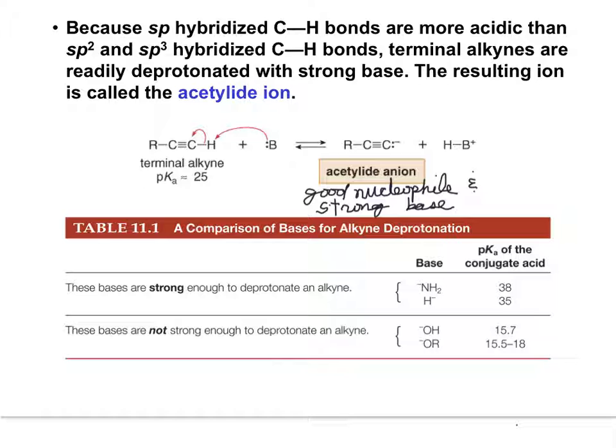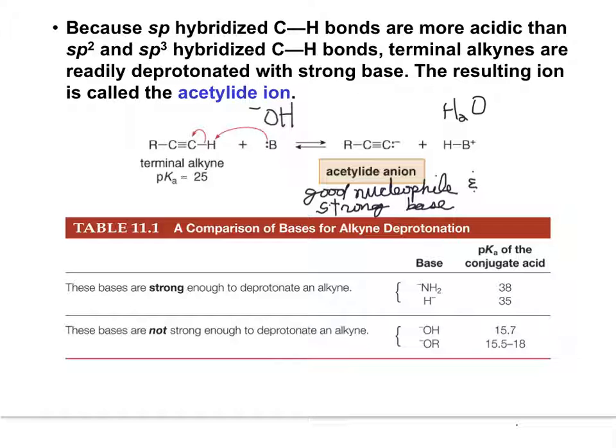So if a base like sodium hydroxide is used instead, so we'll take hydroxide, and I'll put that here as my base. That means that the conjugate acid that is formed is water. Now, the pKa of water is right around 16. So you can see that water is a stronger acid than the terminal alkyne.